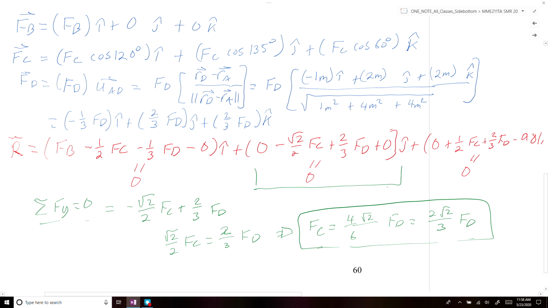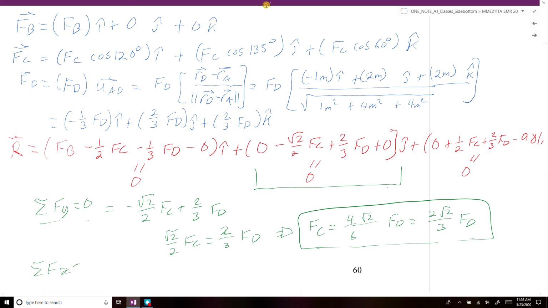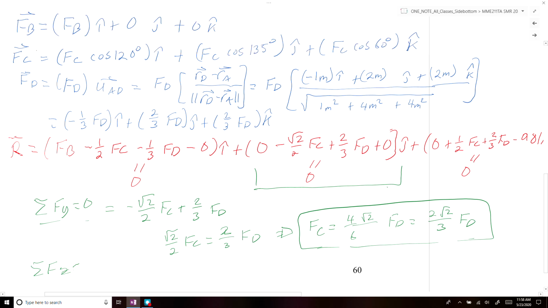So we'll use that equality in when we sum all of our forces in the z direction and set that equal to 0. All right. So if we do that, we'll get 0 is equal to 1/2 times FC.